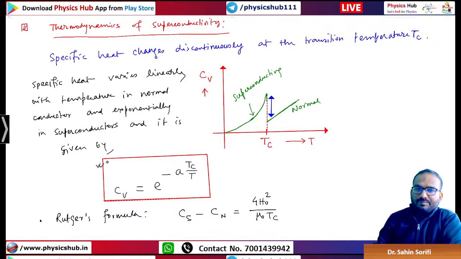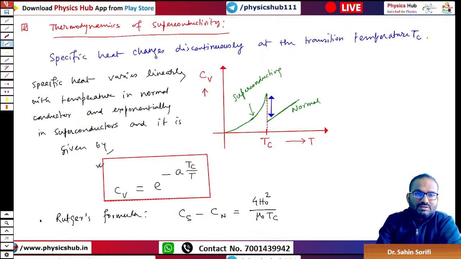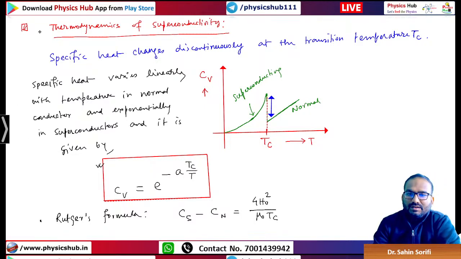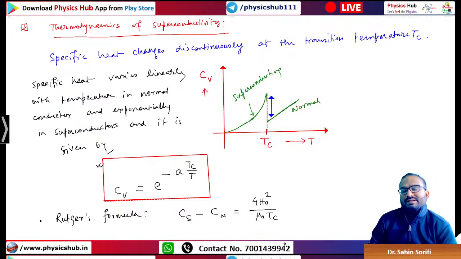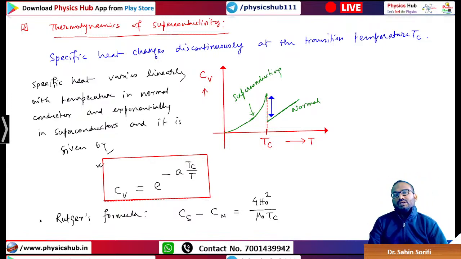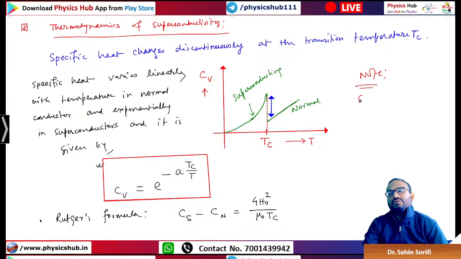One last topic is remaining, that is the Josephson junction. Do you know one thing, the transition from normal to superconductor or superconductor to normal, what kind of phase transition is it? It is a second order phase transition. Okay? The superconducting transition is a second order phase transition. Forgot to mention it.